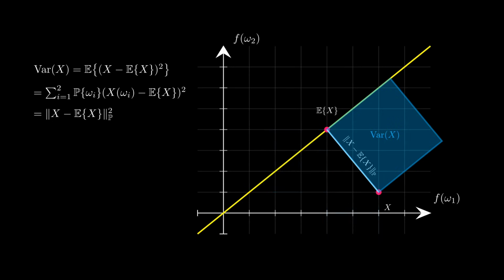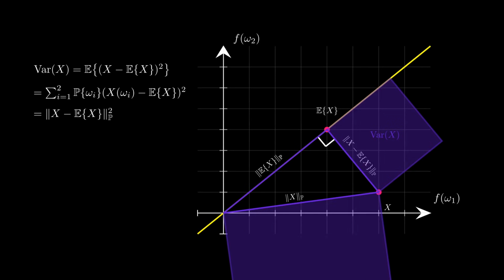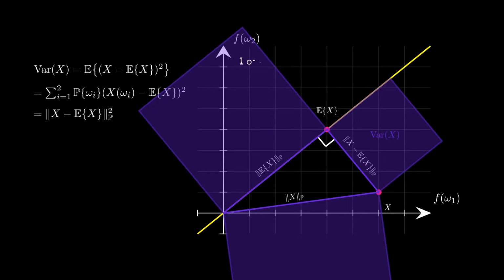Although this is true, here's the catch. Due to the orthogonal projection, we can actually draw another right-angled triangle in this plot that includes the variance, namely the one where we connect the random variable X and its expected value with each other and the origin. So what are the side lengths of this triangle?